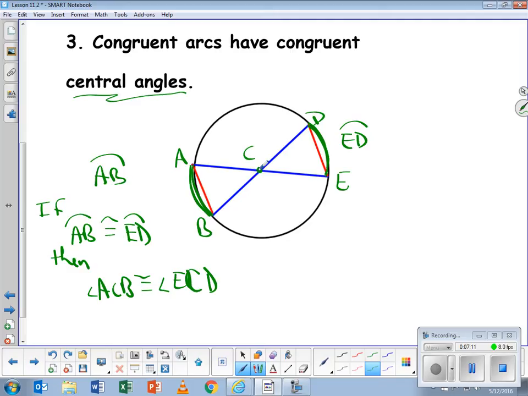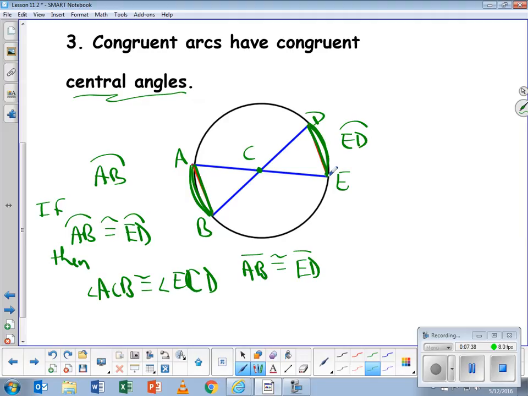Okay? And if that's true, then that means that this chord, segment AB, is congruent to segment ED, this one here. Okay? So what this theorem is saying is that if any one of these 3 facts is true, then all 3 of them are true.